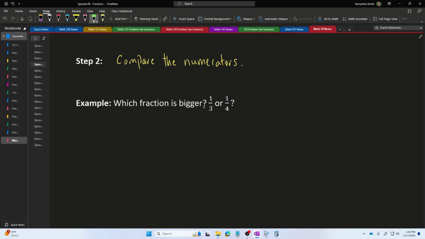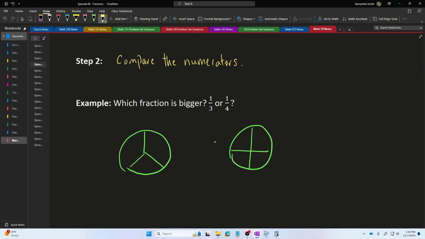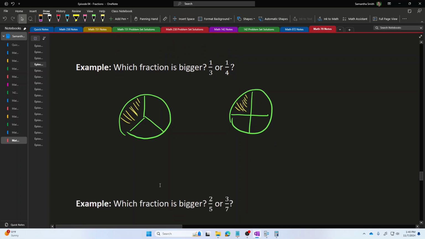Now, in a problem this simple, I think you can actually answer this question, first of all, just by drawing, right? If I had a pizza that I cut into 3 pieces versus a pizza that I cut into 4 pieces, if I gave somebody 1 piece out of the first pizza versus 1 piece out of the second pizza, the person in the left picture is going to be getting a lot more pizza than the person in the picture on the right.